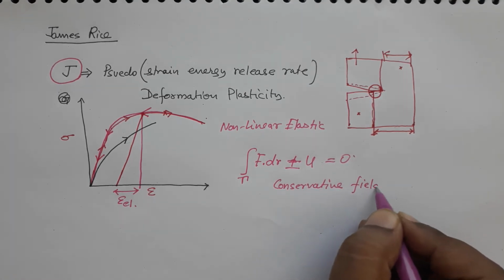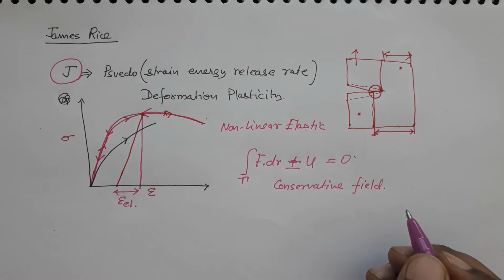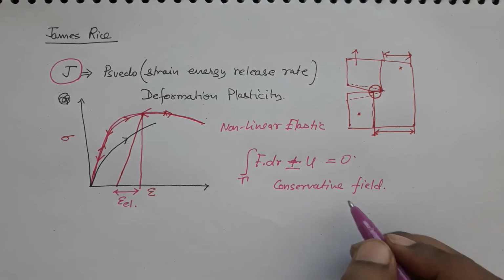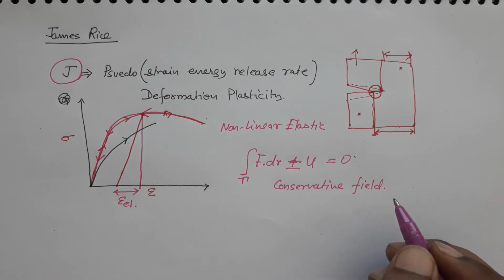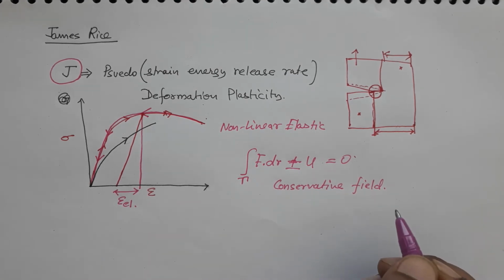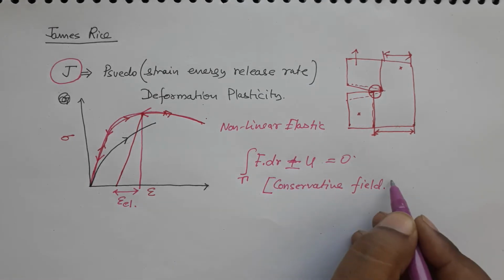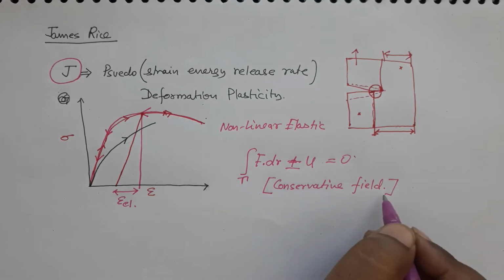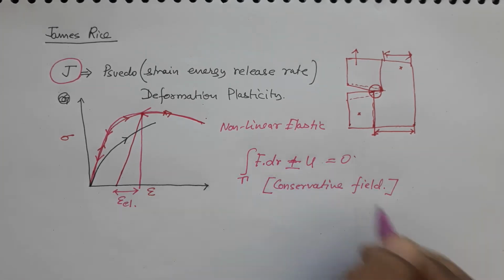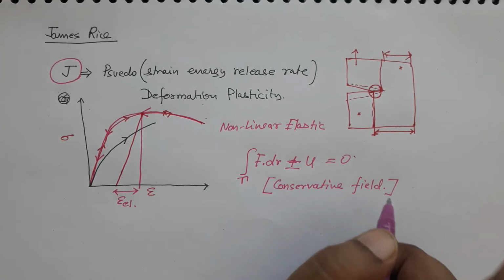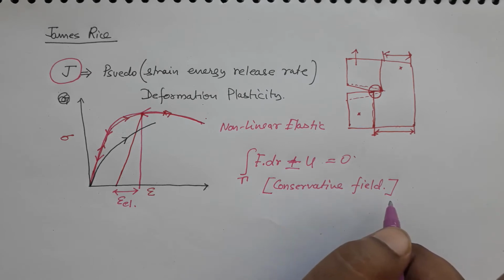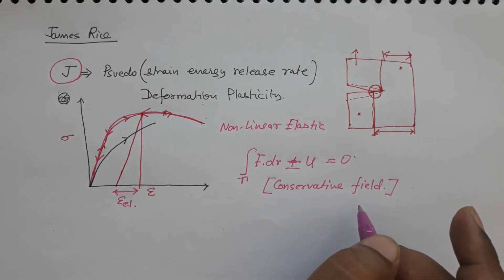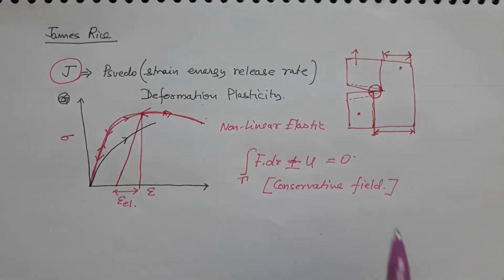Not necessarily energy, but anything which is conservative, meaning that it is not dependent on the path taken, but it is dependent upon where you are. So this assumption says that as long as f is conservative, you can apply this. If it is not conservative, meaning if it is path dependent, then you cannot apply this, right? And that is the problem.